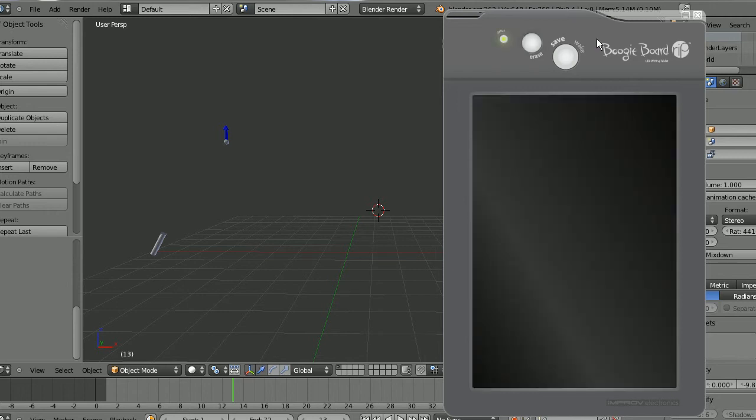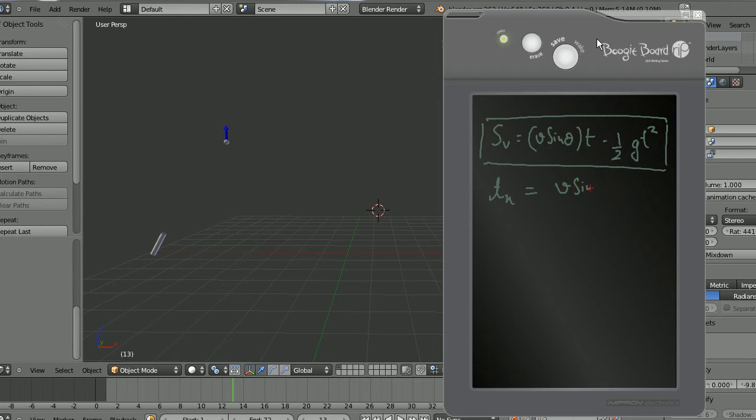Anyway, moving on. So let's write down the four equations that we managed to figure out so far. Vertical displacement is equal to v sine theta into time minus half g time squared. This is 1. Then we have the time it takes to reach its maximum height, which is equal to v sine theta by g.